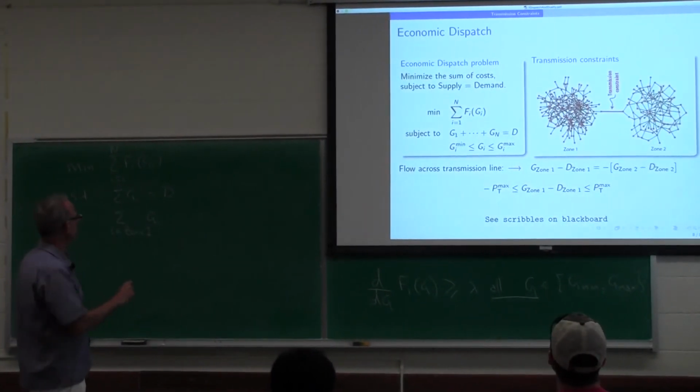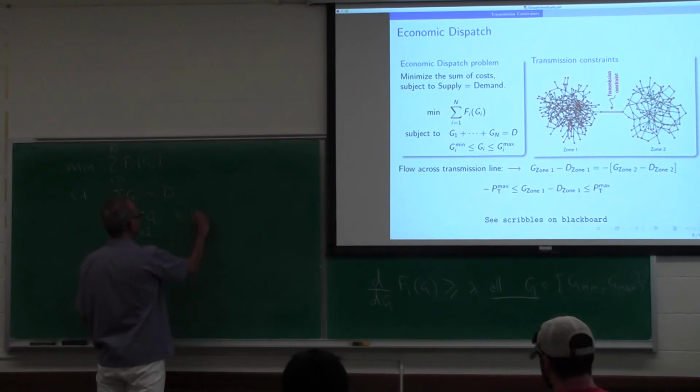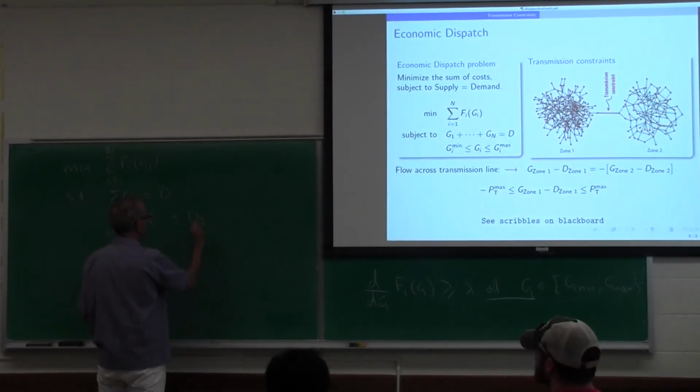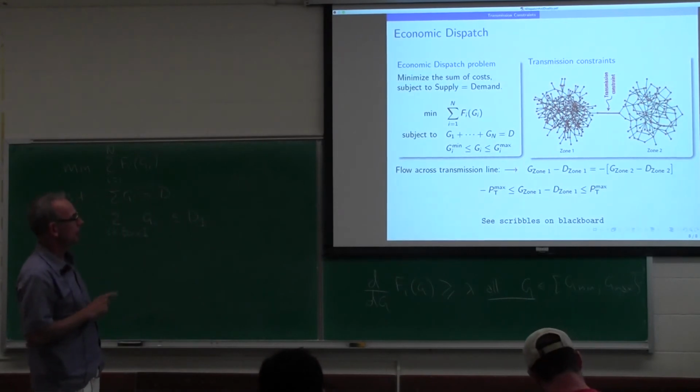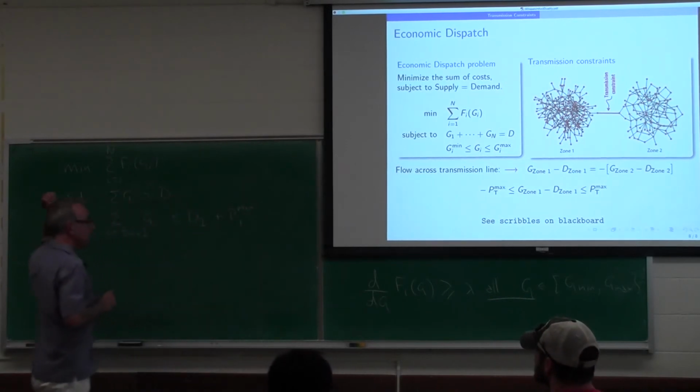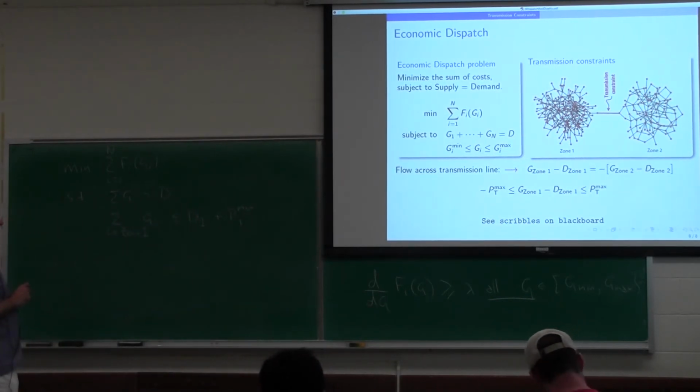And that's going to be less than or equal to the demand in zone 1. I'll write that as D1. And then plus this P max. All right. And then I've got that other annoying constraint.